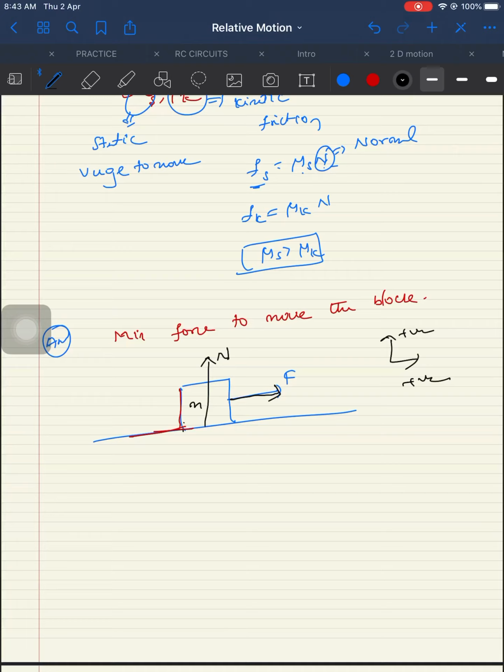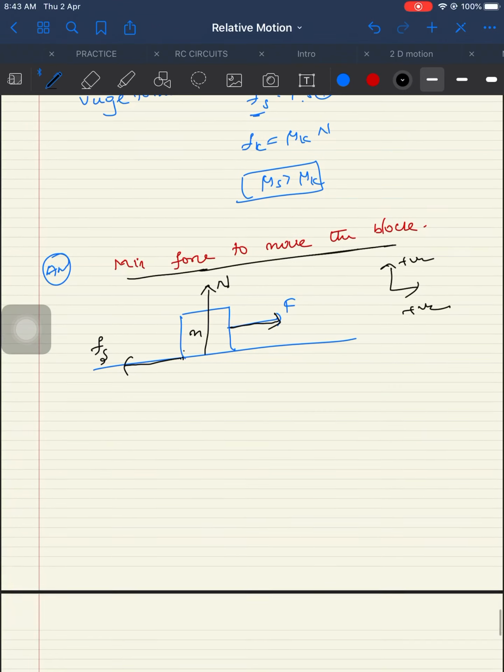The friction will be in the backward direction. What kind of friction is this? The minimum force to move the body means the verge of moving. So static friction or kinetic friction? Static friction. What is the formula for static friction? Mu s multiplied with the normal. These are the contact forces. What are the non-contact forces? The non-contact force is mg, acting in the downward direction.